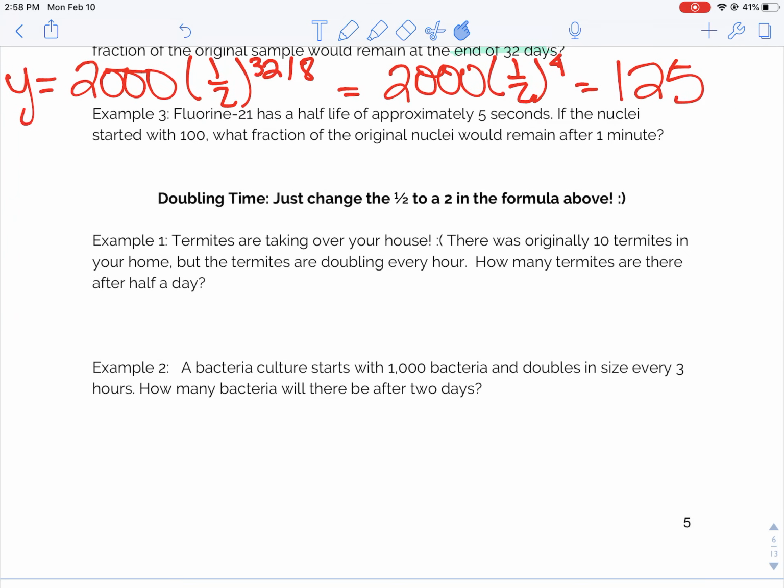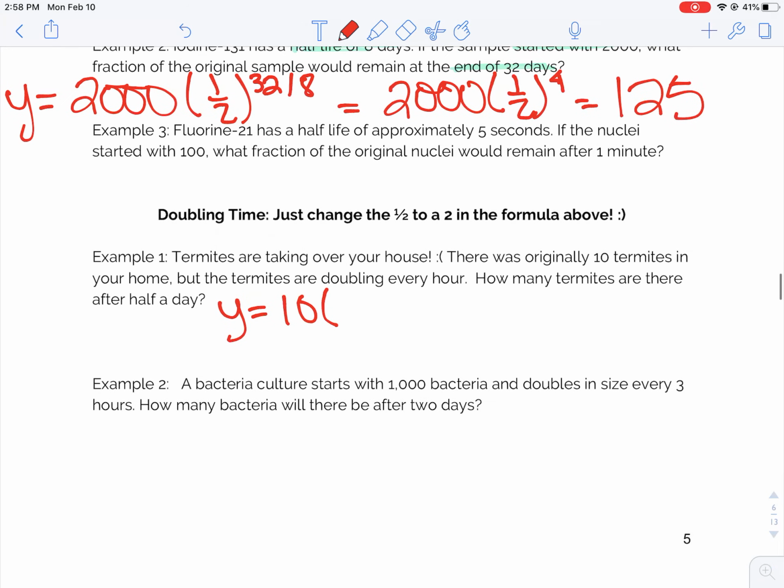Okay? If you look down at your doubling, the only thing that's different is instead of writing 1/2 in your parentheses, you're writing a 2. So number 1, it says that termites are taking over your house. There's originally 10 termites, but they're doubling every hour, and it wants to know how many termites there are after half of a day. So I know that my equation would be y equals my starting amount, which was 10.